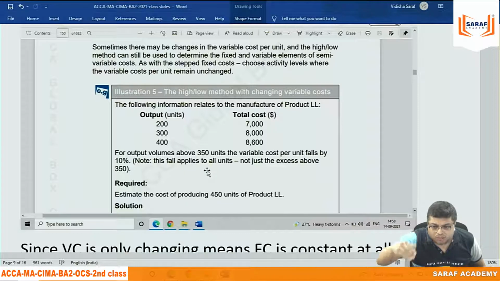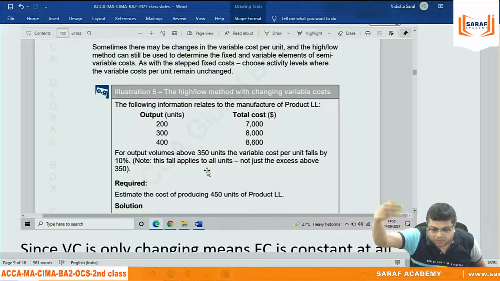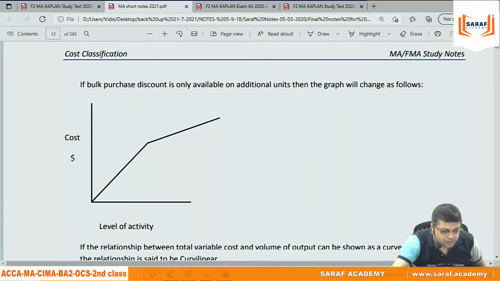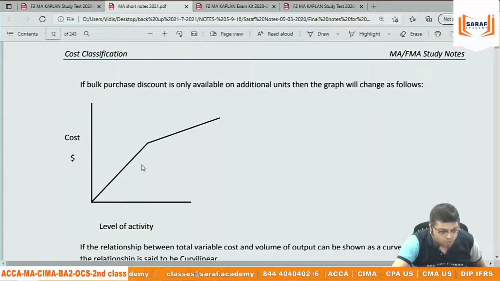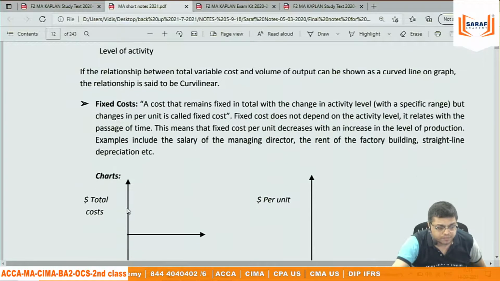But if it is only for the 351st unit, it is only for additional units, not for old units, then this is the graph. If the bulk purchase discount is only available on additional units, not on the old units, up till 350 this was the variable cost, and beyond 350 this will be coming like this. If you draw one more dotted line, that is applicable for the old purchases also.